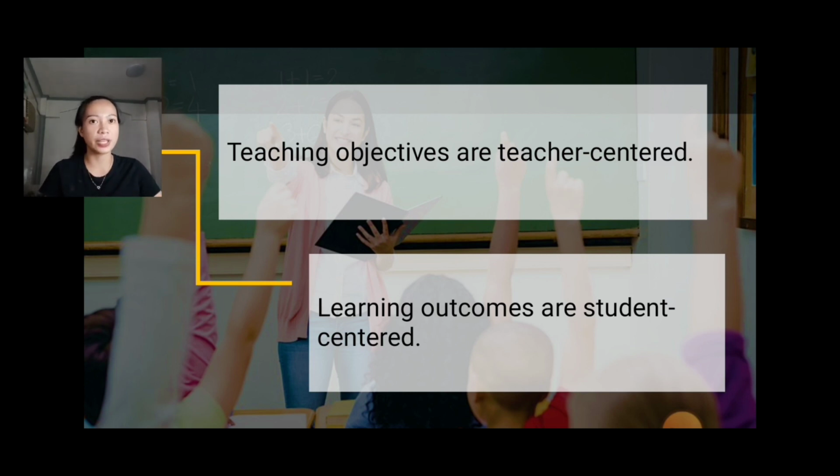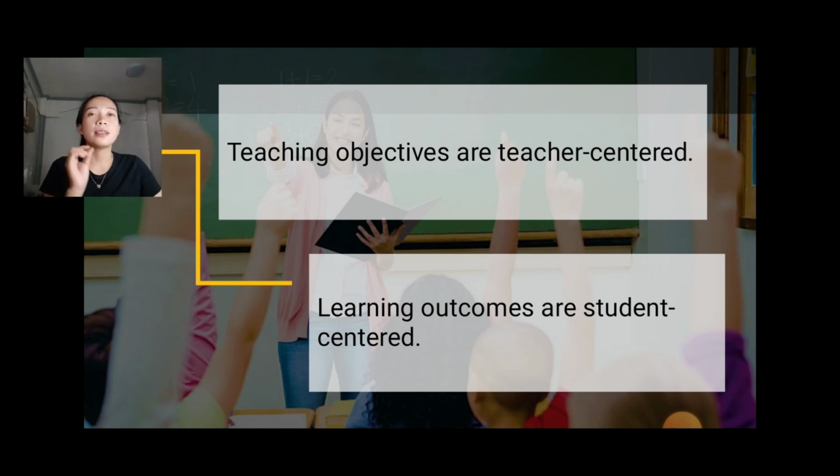formulated from the teacher's point of view and what the teacher does for delivering, planning, and assisting the students in conducting the lesson. However, learning outcomes are the knowledge, skills, and values demonstrated by the learner at the end of the lesson or the learning process. So these are the product of what the teaching objectives set and achieve in the learning experiences.